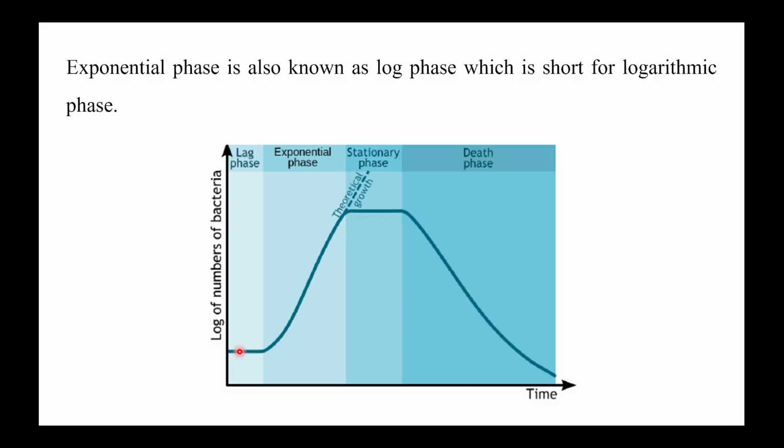We generally grow the bacteria in a medium which has carbon source, nitrogen source, like that. Whatever food source you are giving, since it is new to the cells, it will first adjust itself to the new environment, right?